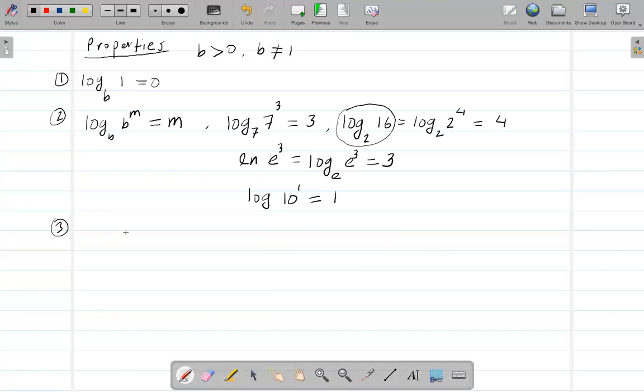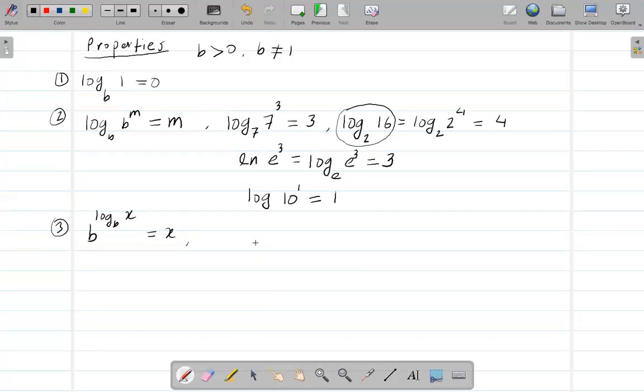Now let's go to another one. Let's say b to the power of log base b of x. This b is on the base, and everything else is in the power. Since these two are the same, b and b, the value of this whole thing is x.